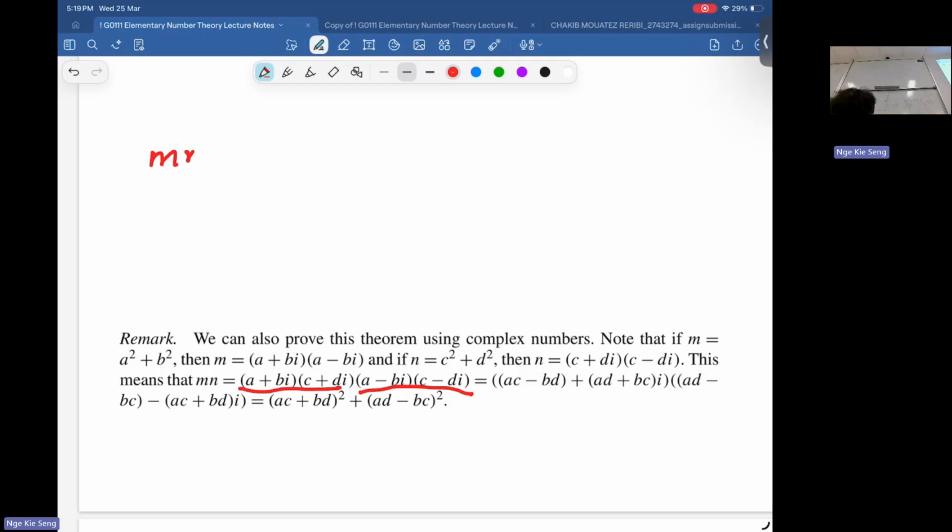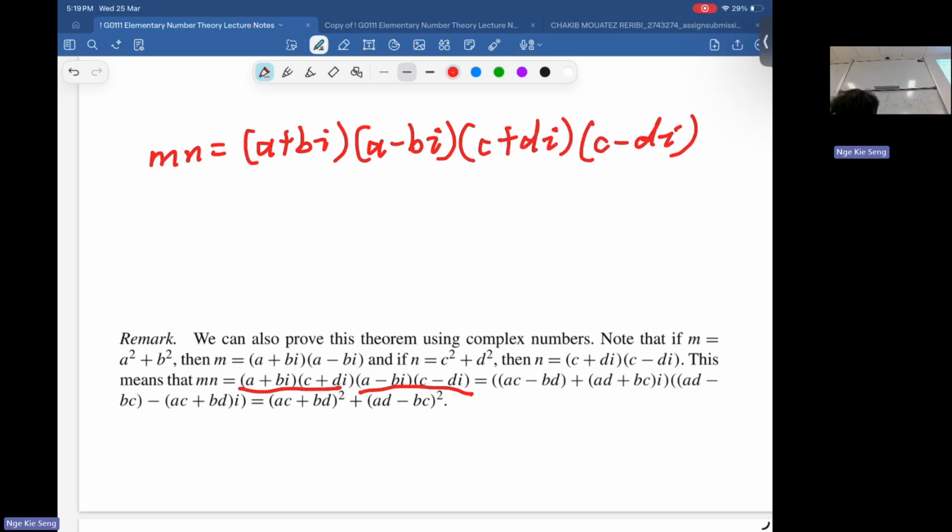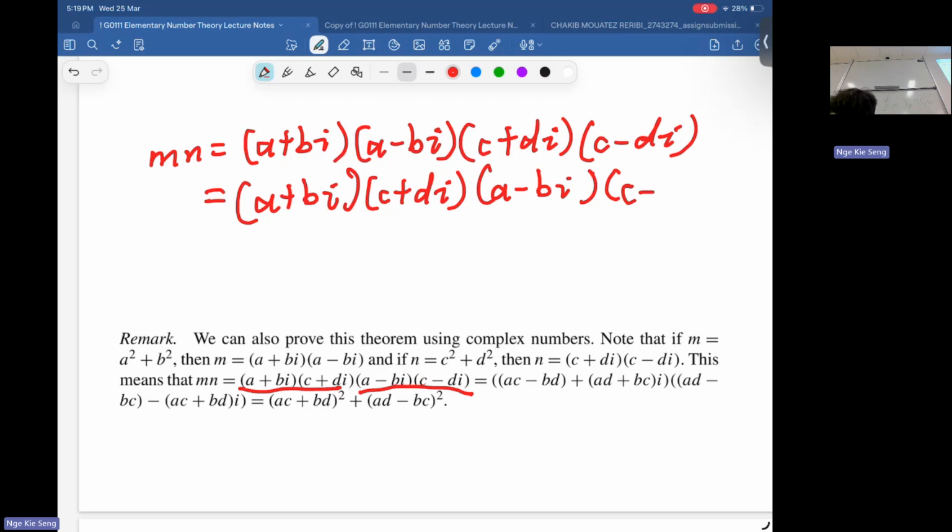So you see, if they combine in this way, let me write it now. mn is (a plus bi) times (a minus bi), and then times (c plus di) times (c minus di). What they did was combine a plus bi and c plus di first, and then combine a minus bi times c minus di. It turns out this is easier to see, in the sense that the i produced from both sides will cancel. No, not canceling out, but they produce conjugate terms.